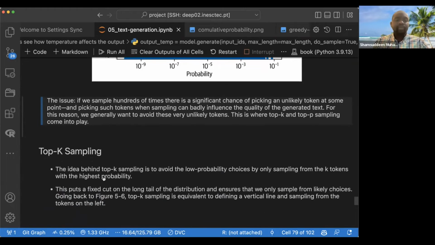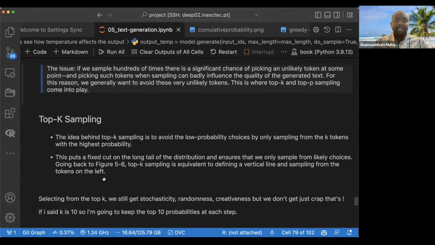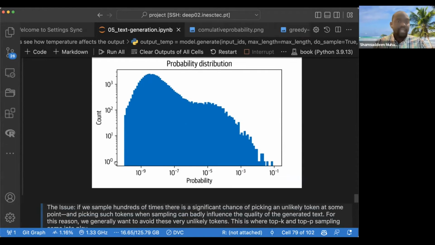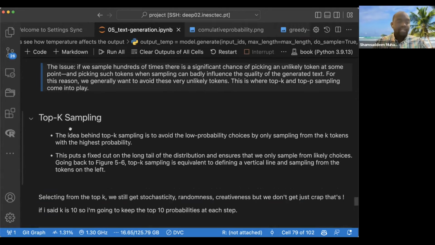So this is the idea of top K sampling, where we avoid low probability choices. The pool for low probabilities is very large, so you can select something rubbish. But with higher probability, you have a very small pool to select tokens from. So this is top K sampling.